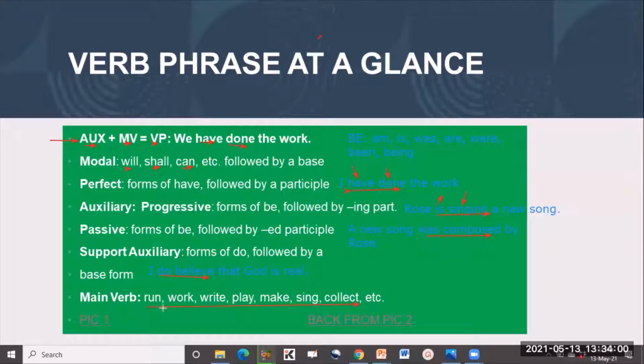These are main verbs that we can always combine with any of the other forms to form a verb phrase. All right. Now, I want to believe that you have been able to master the verb phrase, and how we can combine various grammatical forms to form the verb phrase.